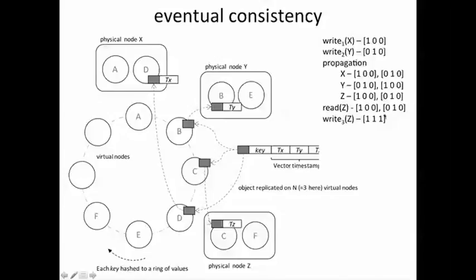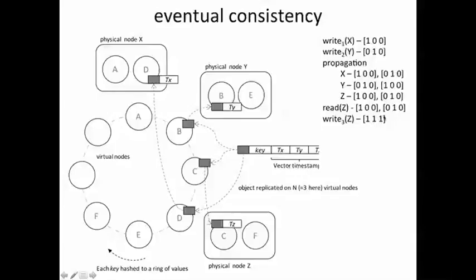Because we read both these replicas with timestamps 100 and 010, figured out which one to use using some application logic, and then wrote a value. The value written has a timestamp 111 because it's based on values that have seen 100 and 010 as timestamps.